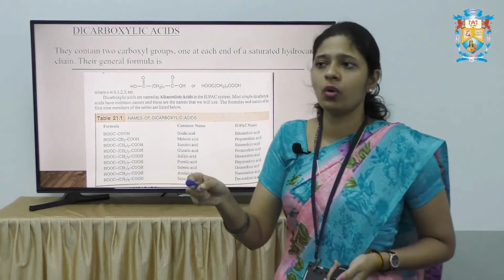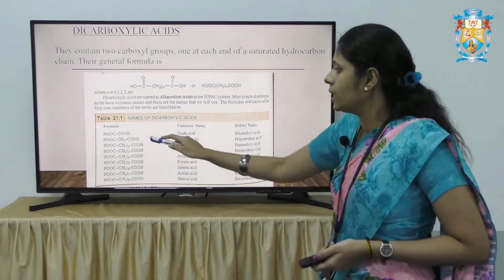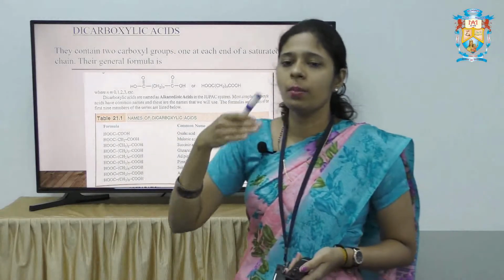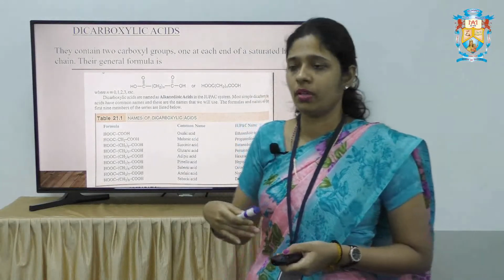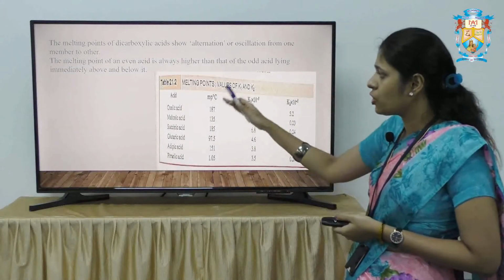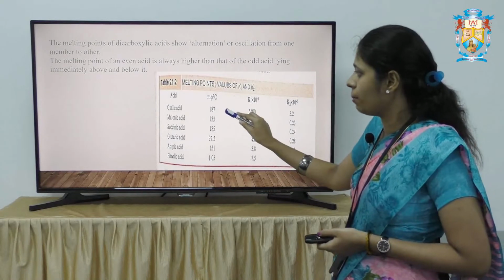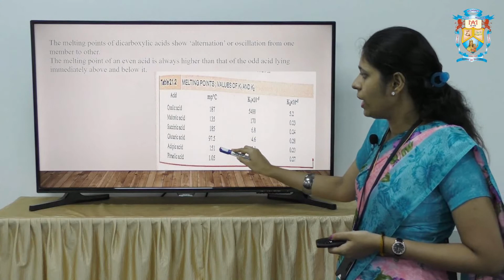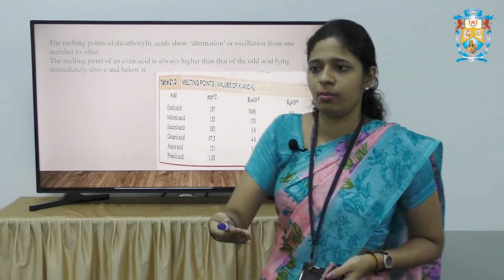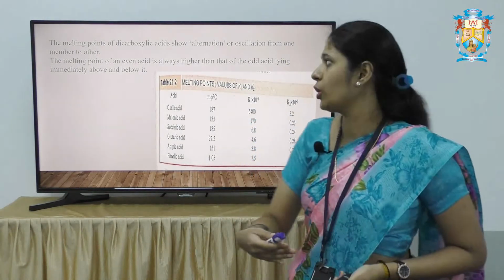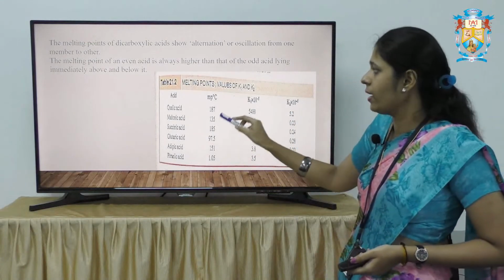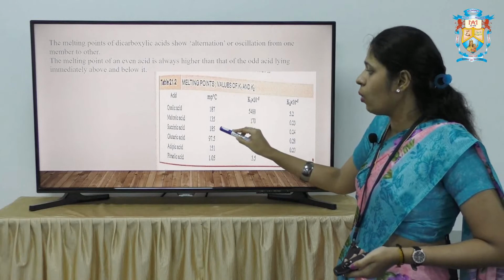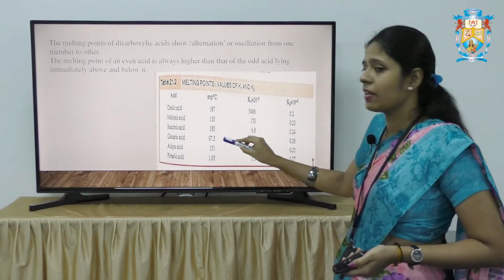So 2 and 4 are even numbers, and malonic and glutaric, the alternate compounds, consist of odd numbers. So in the range of the melting points, the even-numbered ones, that is oxalic acid, succinic acid, adipic acid, will have a higher melting point than the odd-numbered molecules. That is, if you compare, 187 is higher than 135. Again, 185 is higher than 97.5.